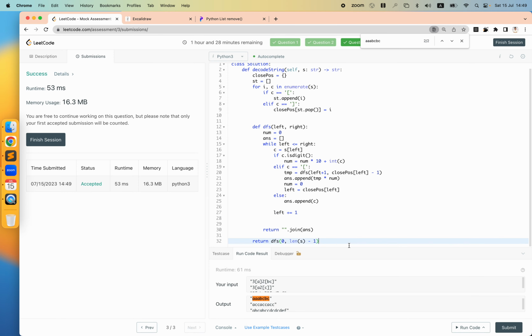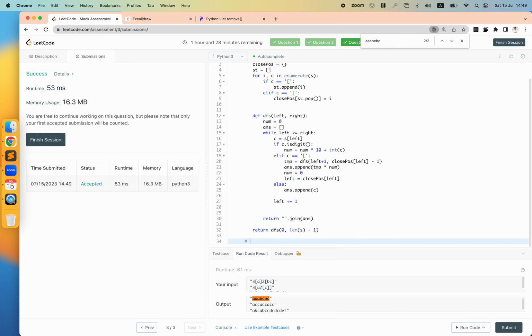Yes. So the time complexity of this will be O(N), and for this one dfs from here, here is processed only once. The one that would matter here is the multiply, the string multiplication here.